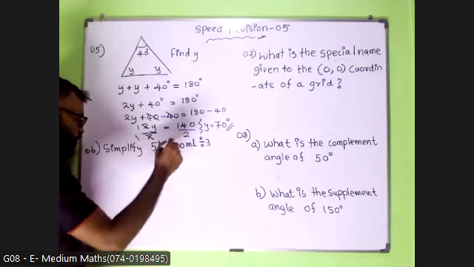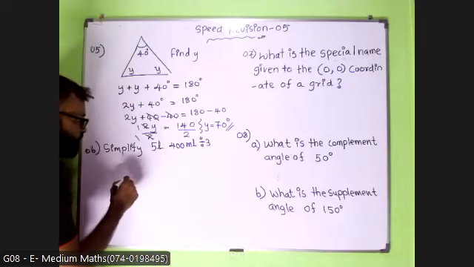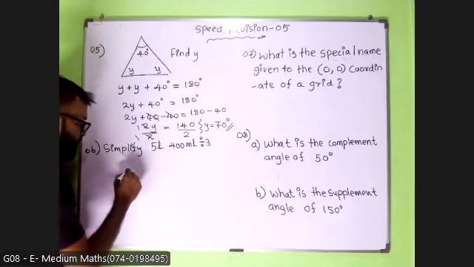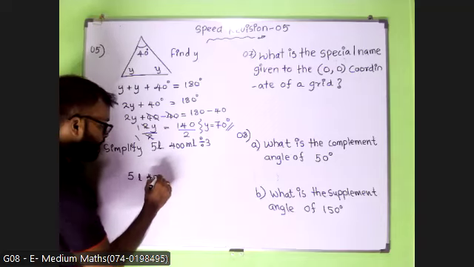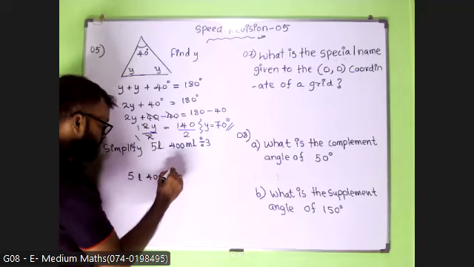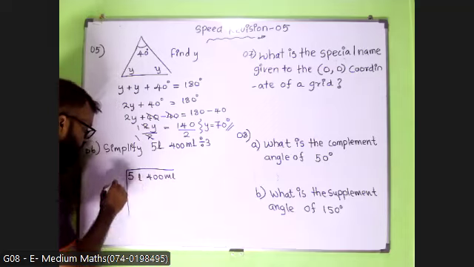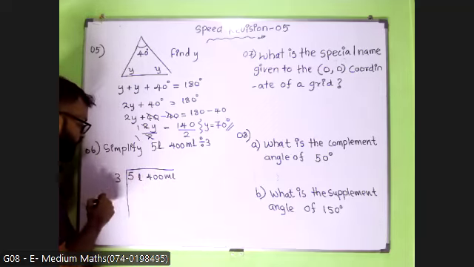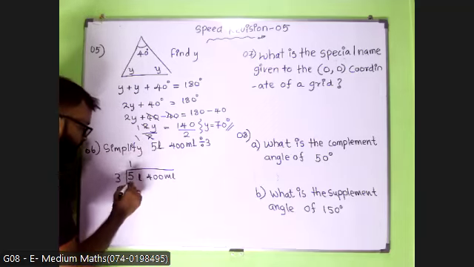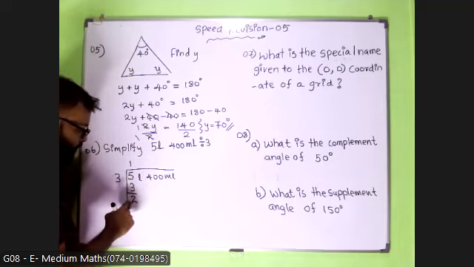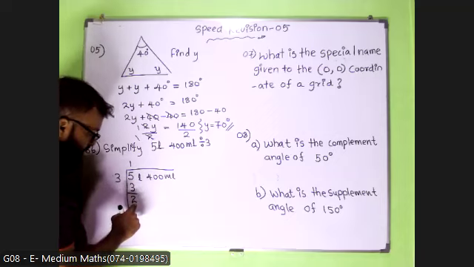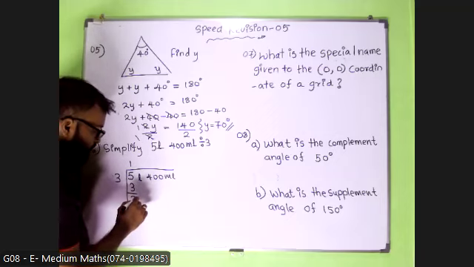Simplify 5 liters 400 milliliters divided by 3. You can do this in both ways. The first way: 5 liters 400 milliliters, divide this by 3, long division. 3 times 1, 3. Subtract, 2 liters.